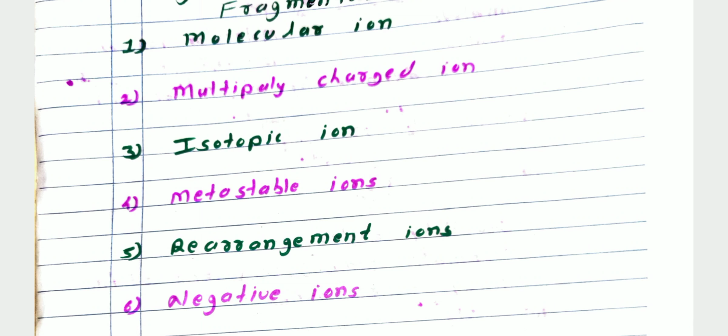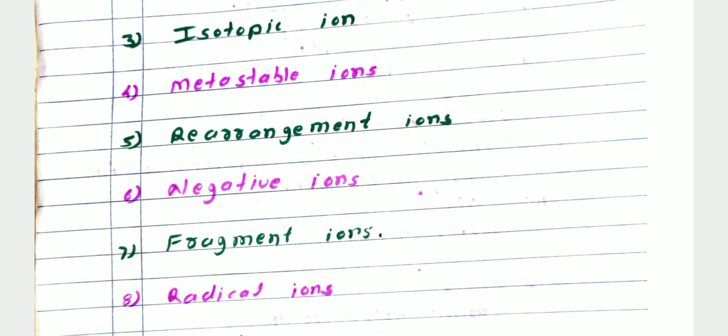Another ion I am explaining here is the fragment ion. These ions are derived from the sample molecule. They are formed by dissociation or decomposition, and these fragment ions are charged particles. Fragment ions may be cations, anions or radicals.